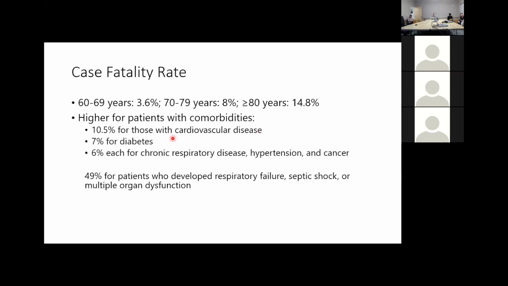For people with cardiovascular disease, diabetes, chronic lung disease, hypertension, and cancer, they also had a higher case fatality rate. And for the patients who ended up in the ICU, who had respiratory failure requiring mechanical ventilation, septic shock, or had multi-organ dysfunction, the case fatality rate was almost 50%.